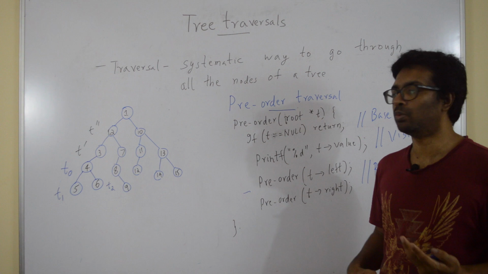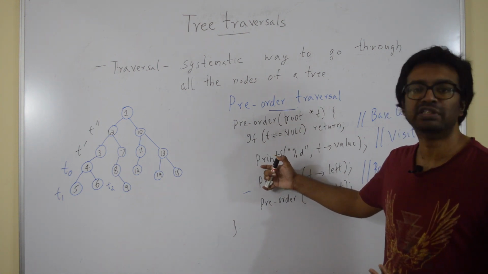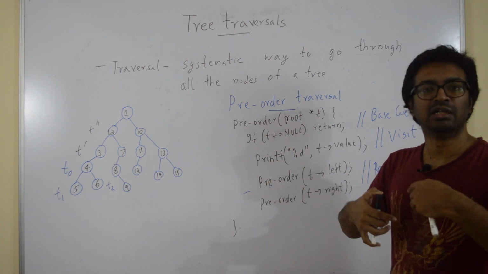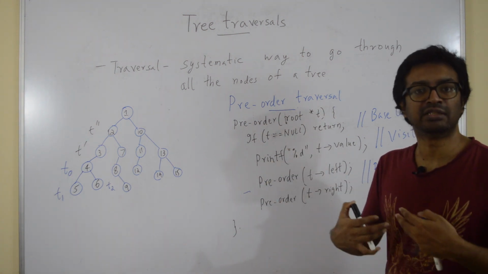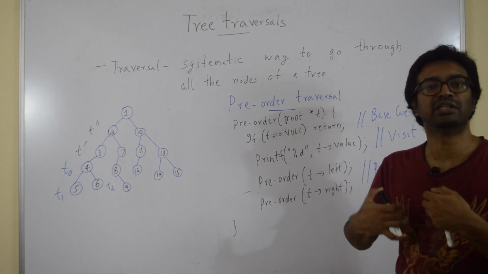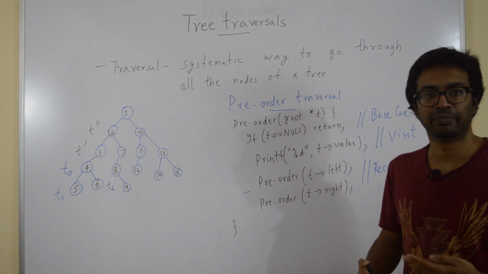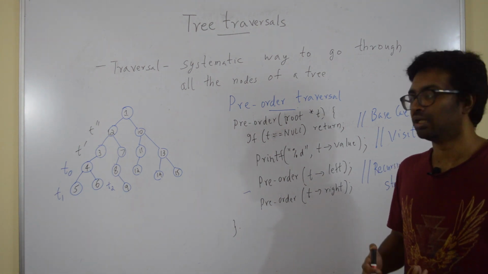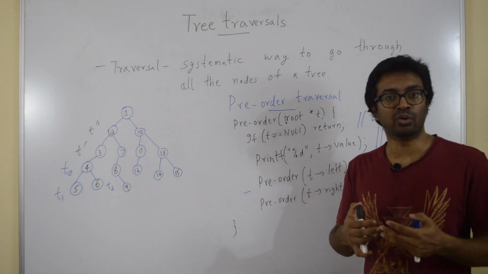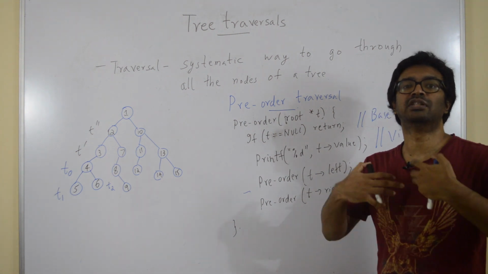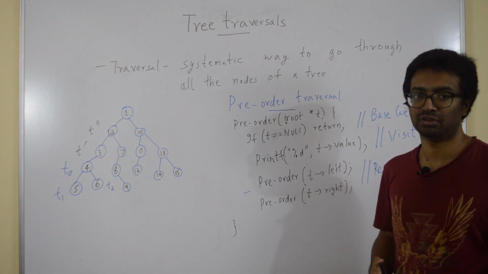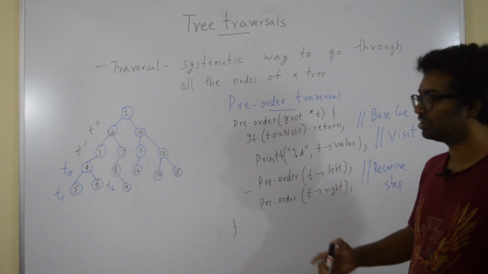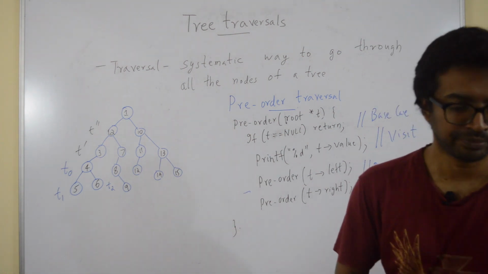What is post-order? What is pre here? Pre is this visit. The visit of that particular node is before traversing its children, its descendants. That is why it's called pre. So what does post mean? Post is visiting the node after traversing its children. Let me modify this function to do a post-order traversal.